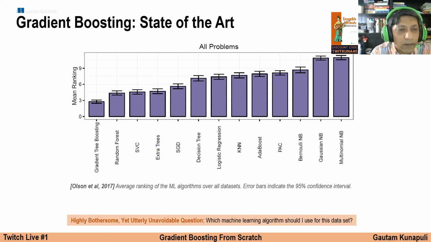And so this gives us a way to answer this highly bothersome yet utterly unavoidable question: which machine learning algorithm should I use for my data set? And all of this seems to suggest that gradient boosting is where we want to go. And this sets up our motivation for looking at gradient boosting today.